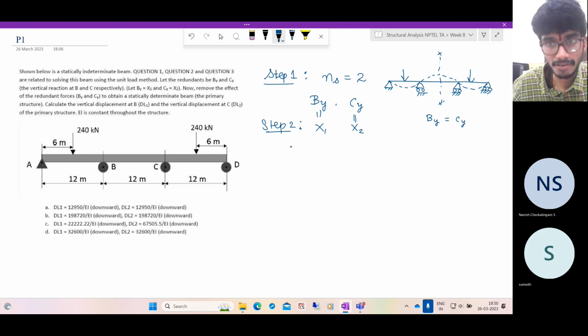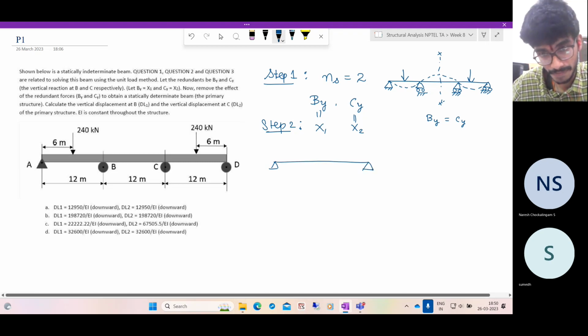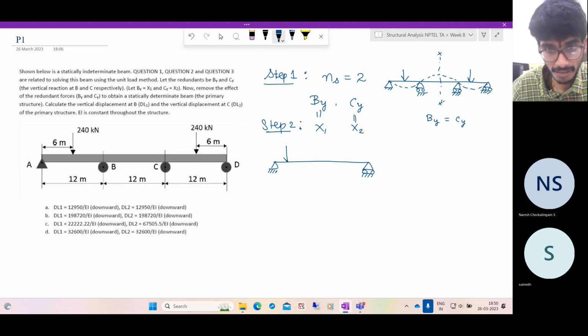Now, what is the next step? What is the primary structure? The primary structure is what we get after releasing the restraints caused by By and Cy. So it is just this. This is the primary structure subjected to the applied loads.